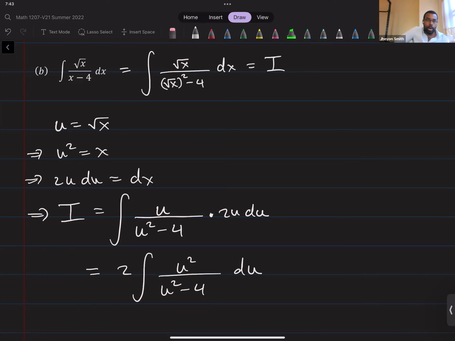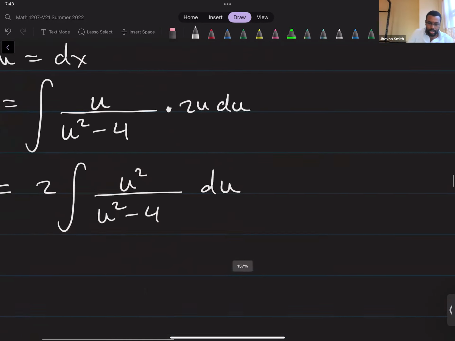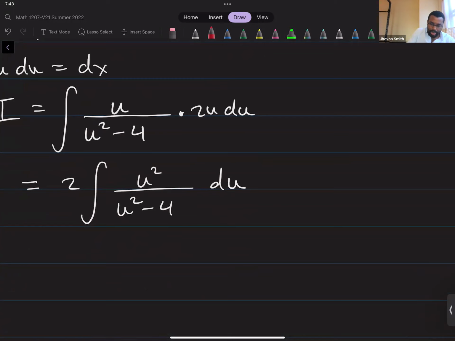And now with partial fractions, you have another option because the denominator of this factors nicely. It's just a difference of squares. However, it's not proper, but that's not really a big deal because I can just go like minus 4 plus 4 and make it proper.